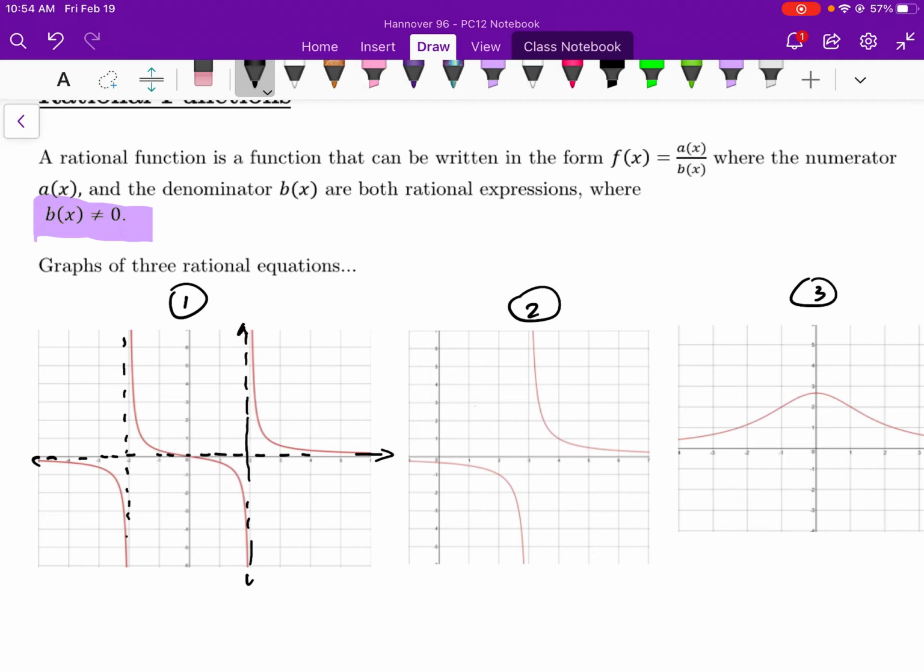If you look for these guidelines, either horizontal or vertical, nearly every, not all, rational functions will have these guidelines that we need to draw. Sometimes they have vertical, sometimes they have horizontal, and sometimes they have neither, or both. So today we're going to be looking at rational functions.